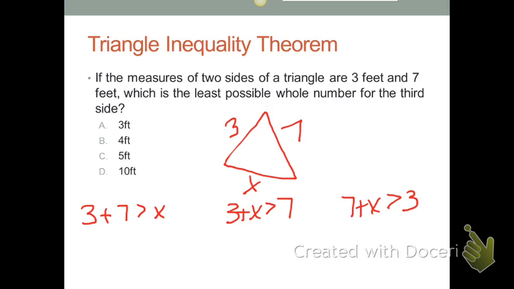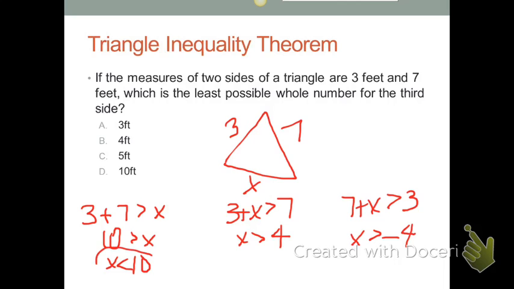So now we'll just solve for x in each inequality. So over here we have 10 is greater than x, or x is less than 10. We've got x is greater than 4, and x is greater than negative 4. So we already know we have our max of 10, because x has to be less than 10.